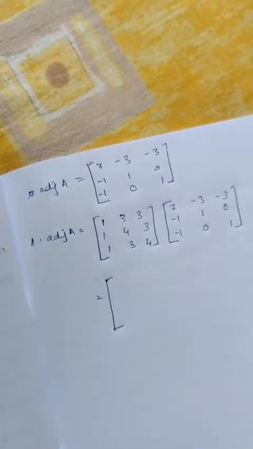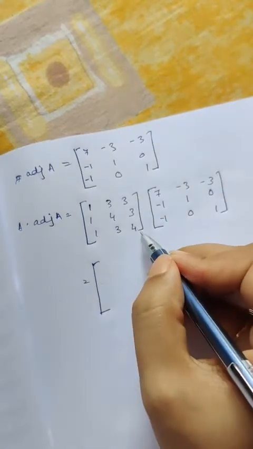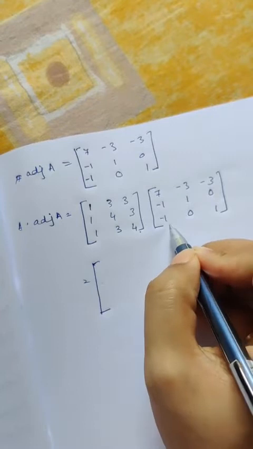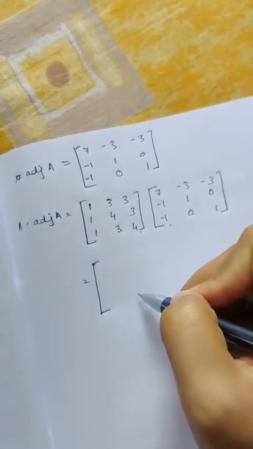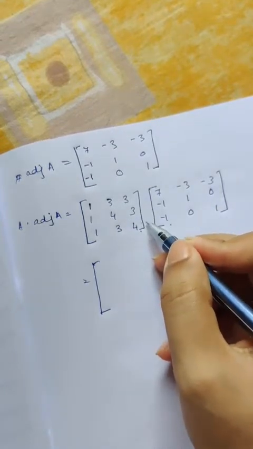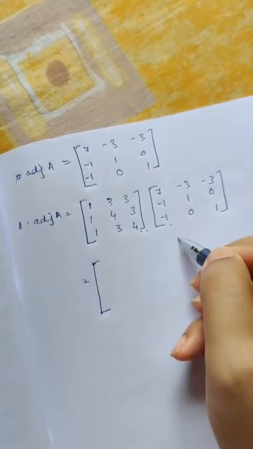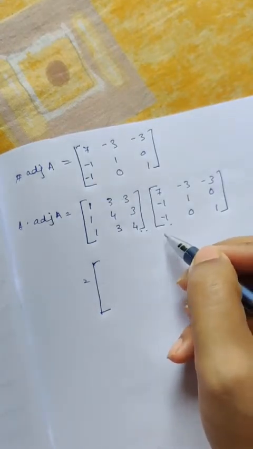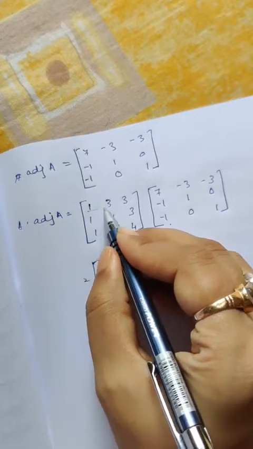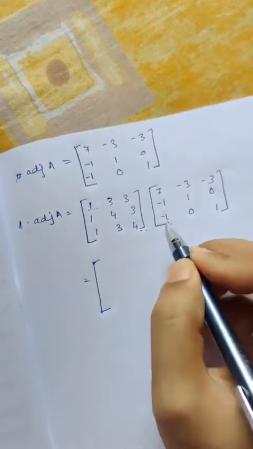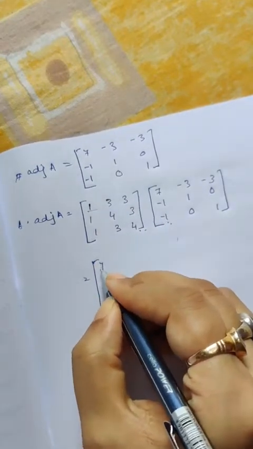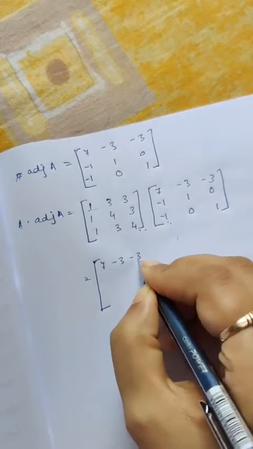Now since both are 3 by 3 matrices, the product of these two matrices will be of order 3 by 3. Now we will multiply the first row with the first column and we will add. So it will be 7 minus 3 minus 3.